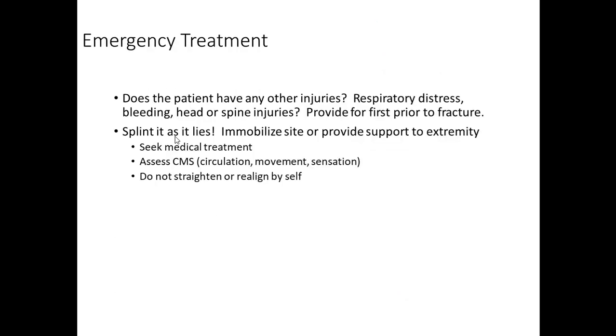All right, emergency treatment of fractures. We come across a motor vehicle accident, and your person clearly has a broken leg and they're having problems breathing. What's the first thing you're going to do? You're going to help them keep their neck stable and keep their airway open.